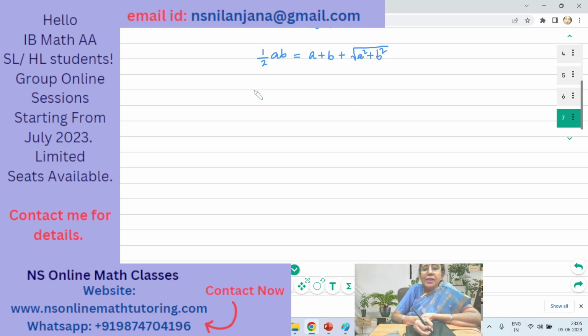So I can write this as, because I want to get rid of the square root. I don't like square roots. I like square roots, but I try to avoid them as much as possible.